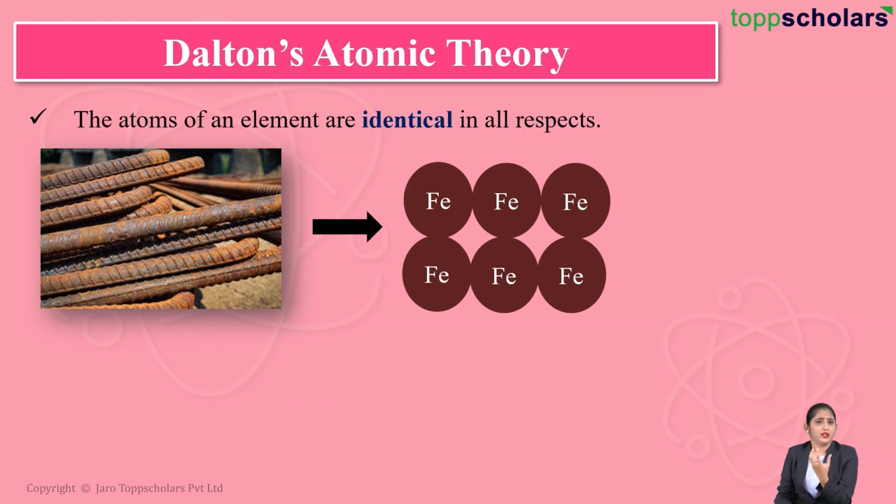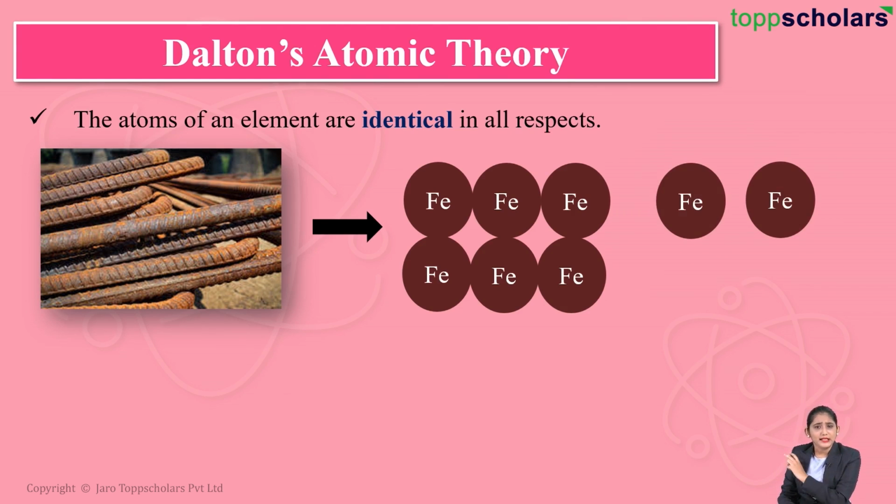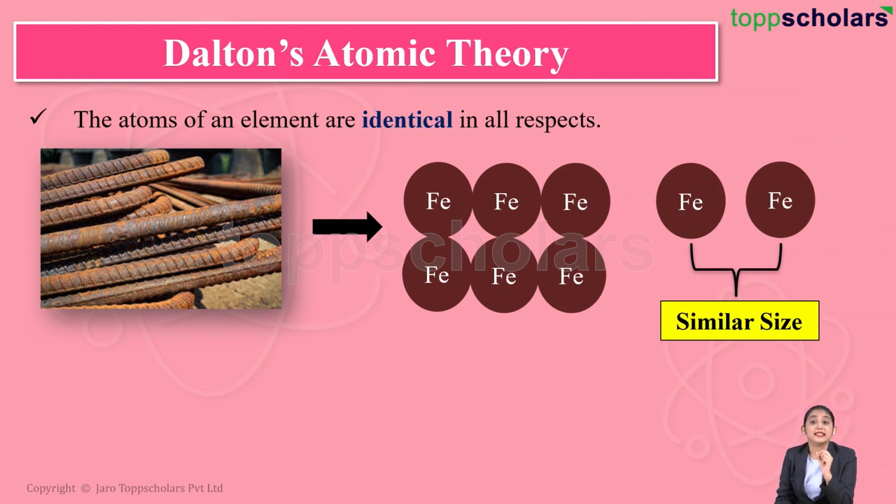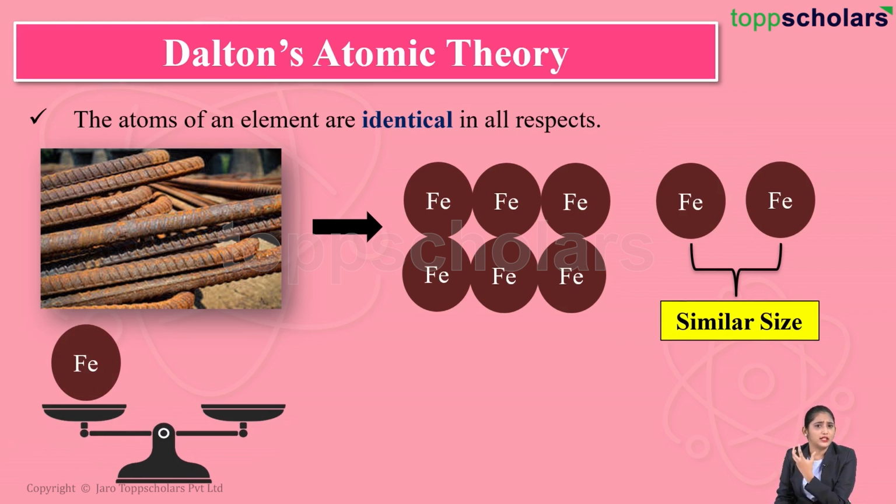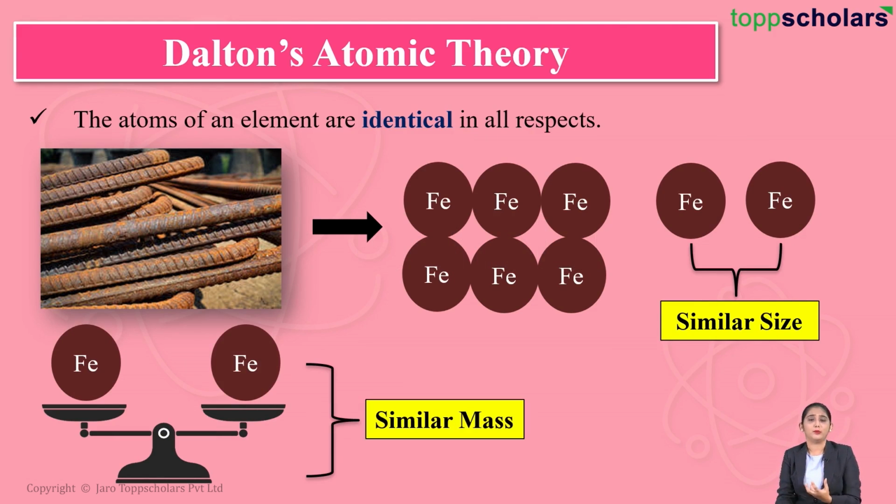So here we can see the iron bar is made up of so many atoms of iron, and if you pick any of these atoms of iron, you will notice that they have the same size, right? Similarly, if you measure the mass of these iron atoms, it comes out to be the same. So from this we come to know that atoms of an element are identical in all respects, whether it is size or mass. So this is what Dalton said. He said that atoms of an element are identical in all respects.